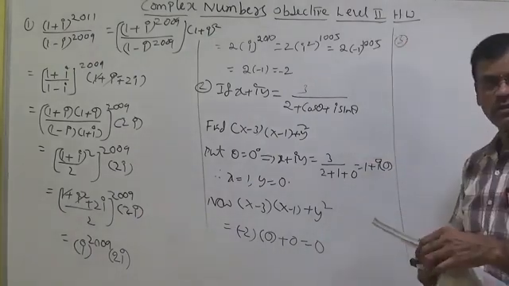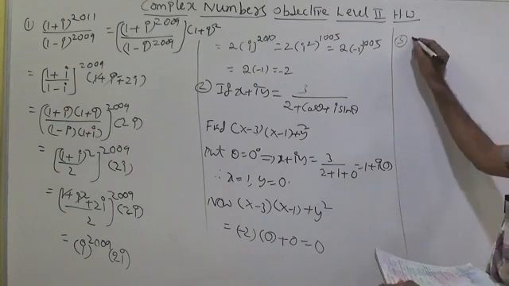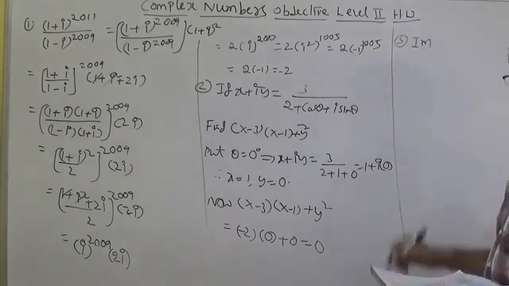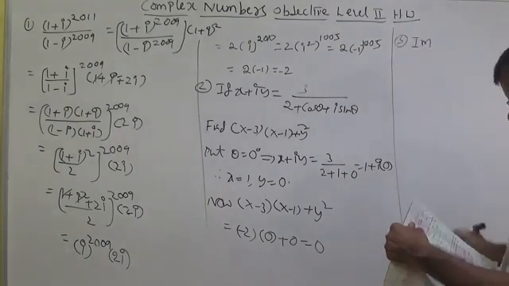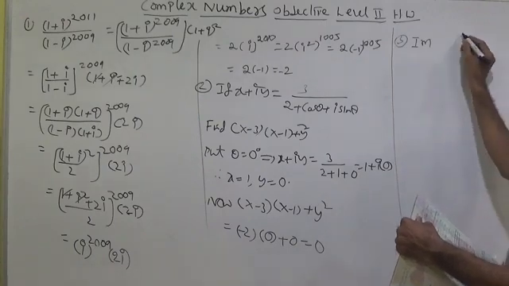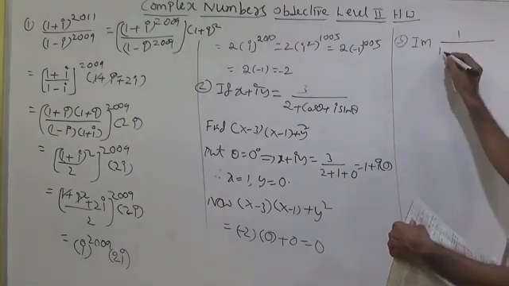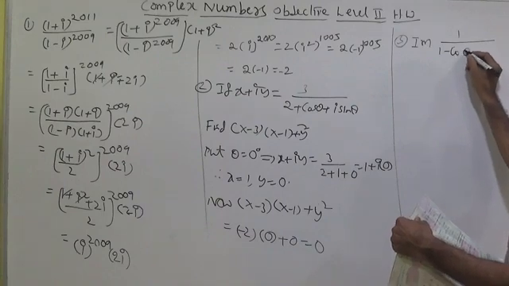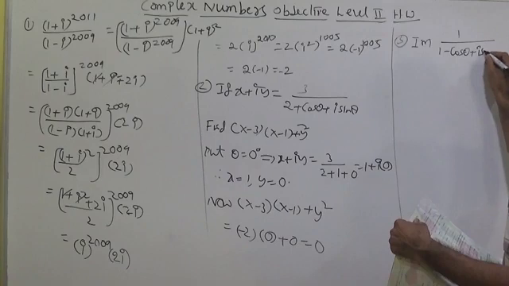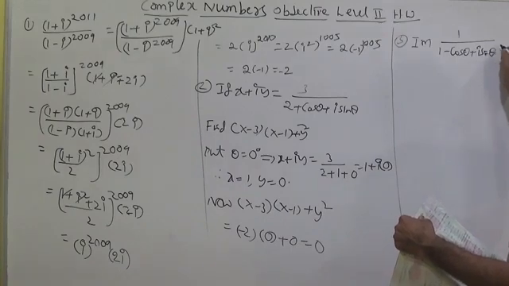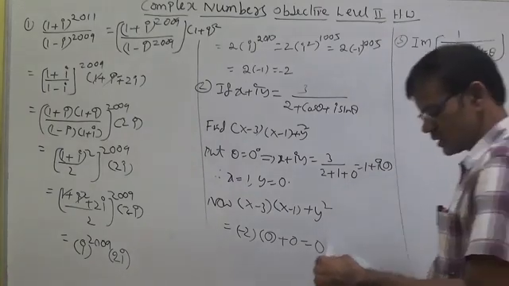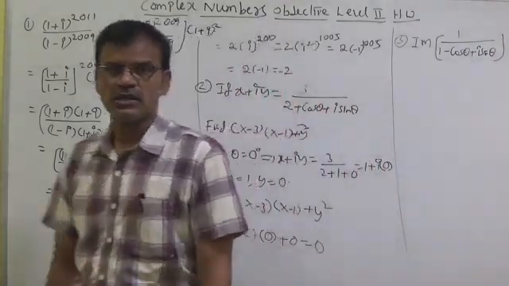Now third question: imaginary part of 1 / (1 - cos theta + i sin theta). We should calculate the imaginary part. Rationalize like this: multiply with 1 - cos theta - i sin theta.